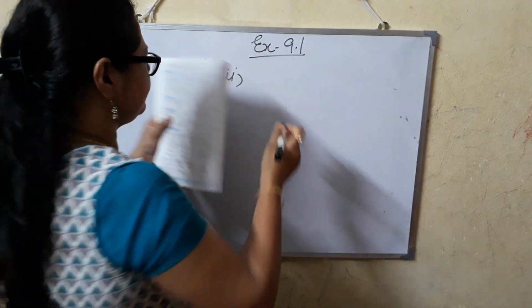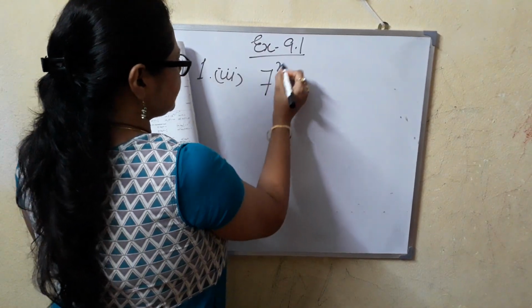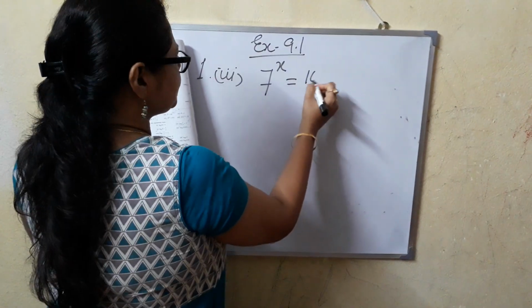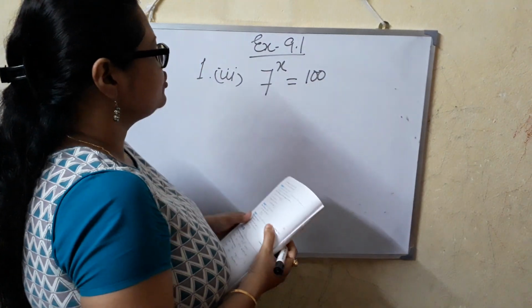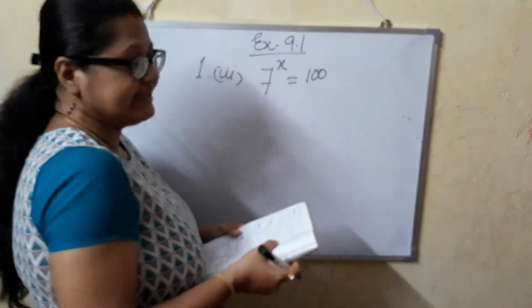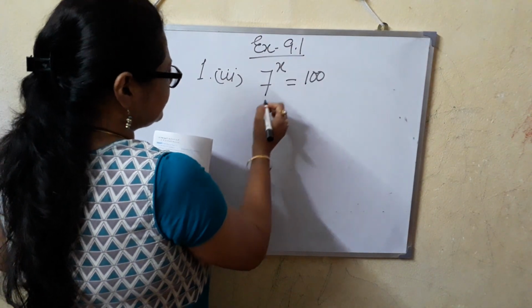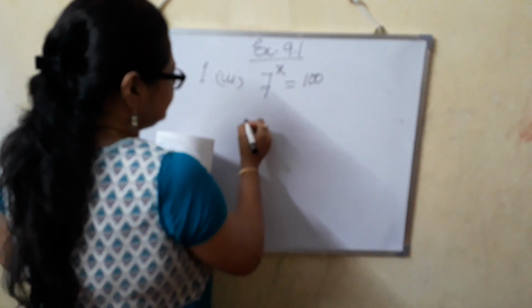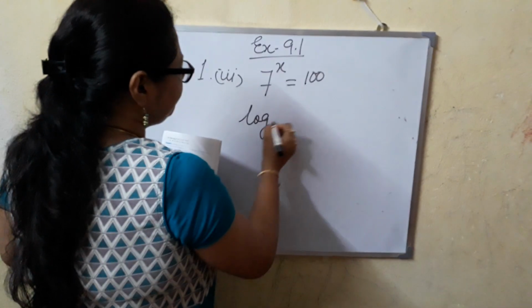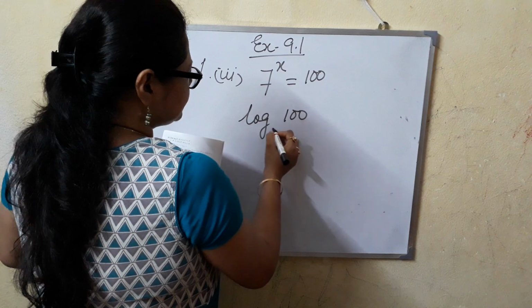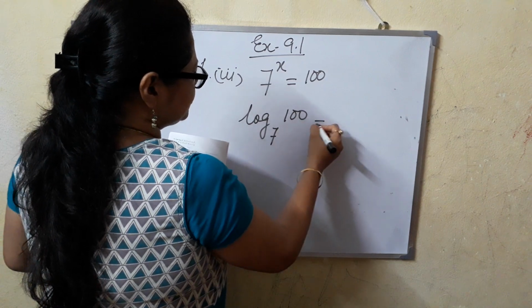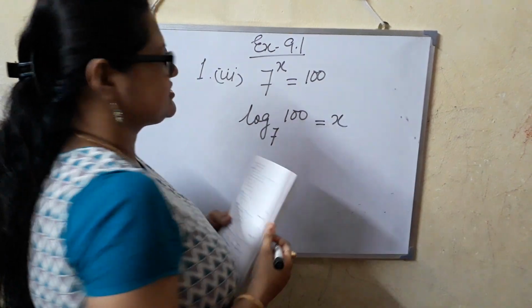Here they have given the exponential form 7 to the power of x is equal to 100, and they have told you to express this in logarithmic forms. What can be written? 7 to the power of x equal to 100 means log of 100 to the base 7 is equal to x.